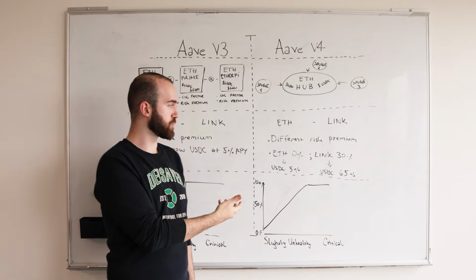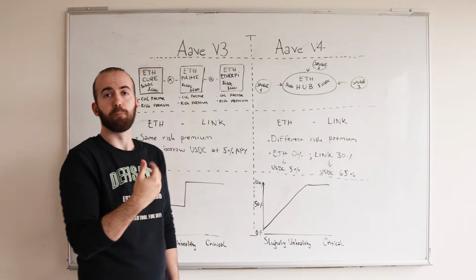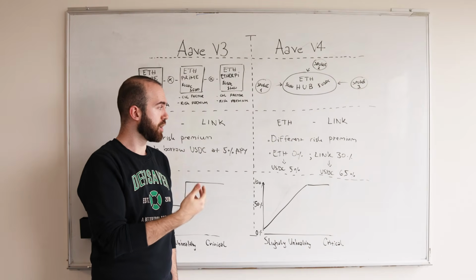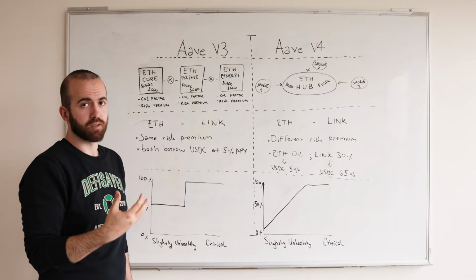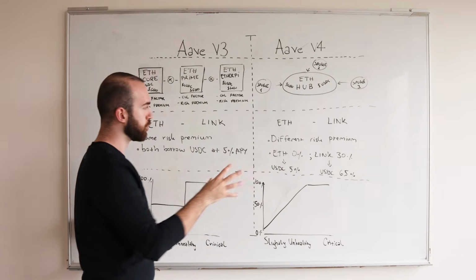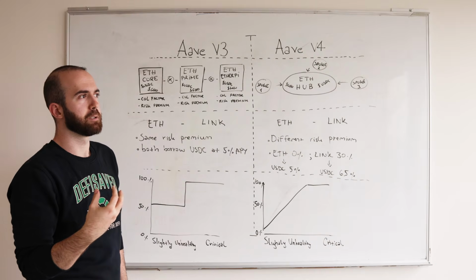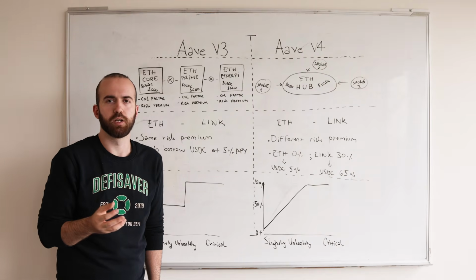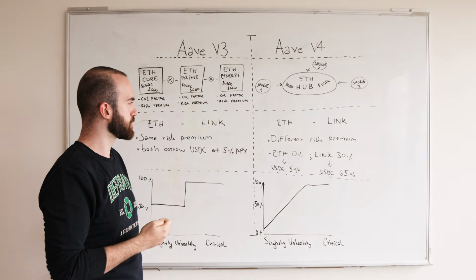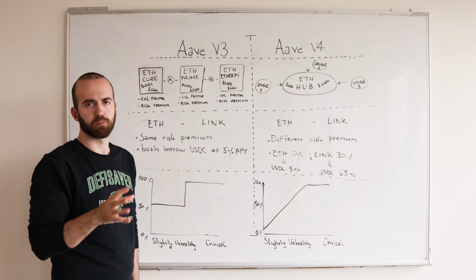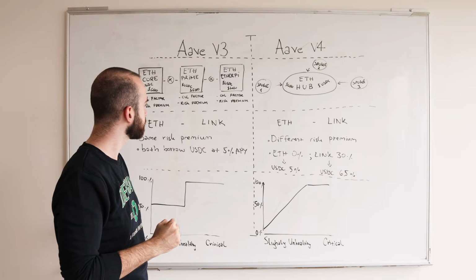And from the lender's perspective, it also means they're going to be earning better yield if what they've lent is actually utilized by some more risky collateral. And so this is a way to tackle risk, but also provide a more fair environment for lenders and make a bit safer risk profile for the protocol.